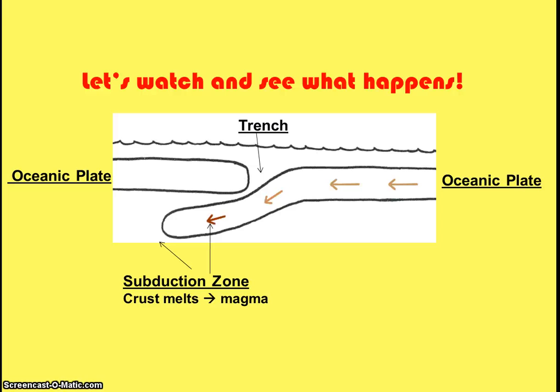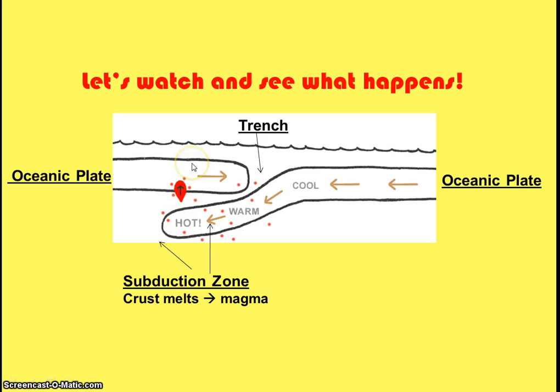And so if we watch this, and you have a picture I want you to label on your notes, the oceanic plate pushes down underneath of the other oceanic plate. When it pushes down, it creates friction and a hotter spot. So as the crust goes down, it goes from being cool, warm to hot, it melts. As it melts, the magma starts to rise.